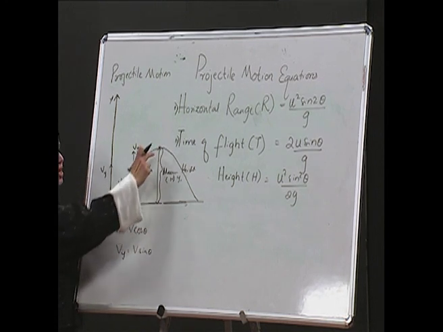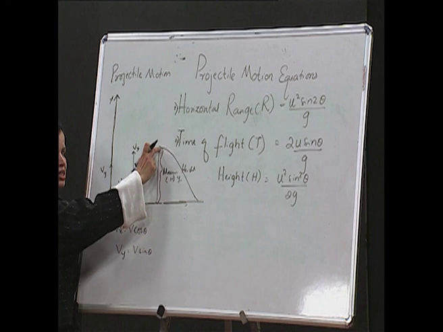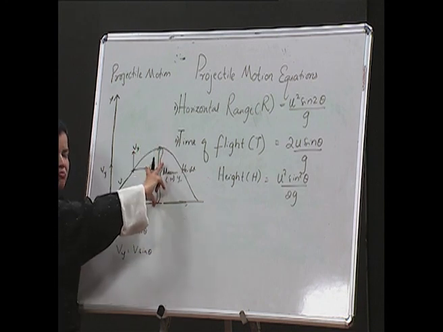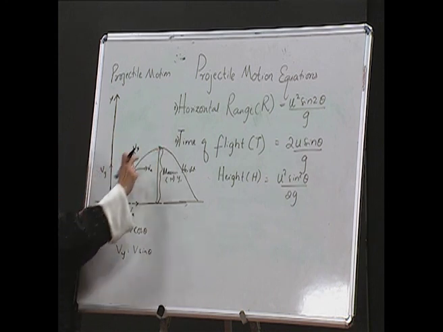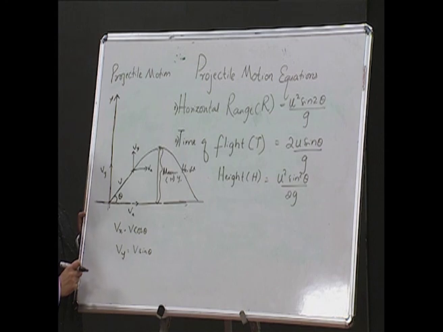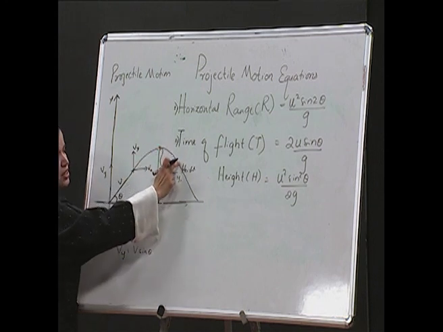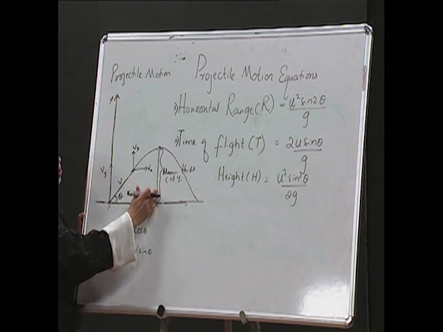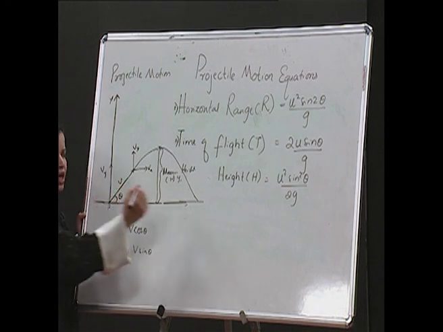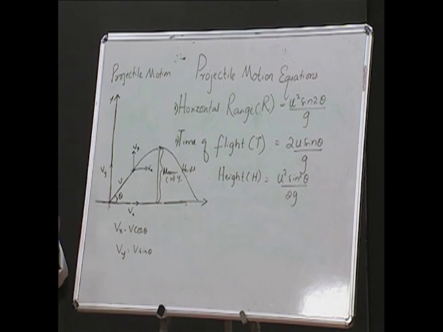Up to this peak point the distance is maximum, but what happens to the vertical velocity? It reduces to 0. Again from this point it starts increasing, but in the reverse direction. In this process we come across two to three new terms.